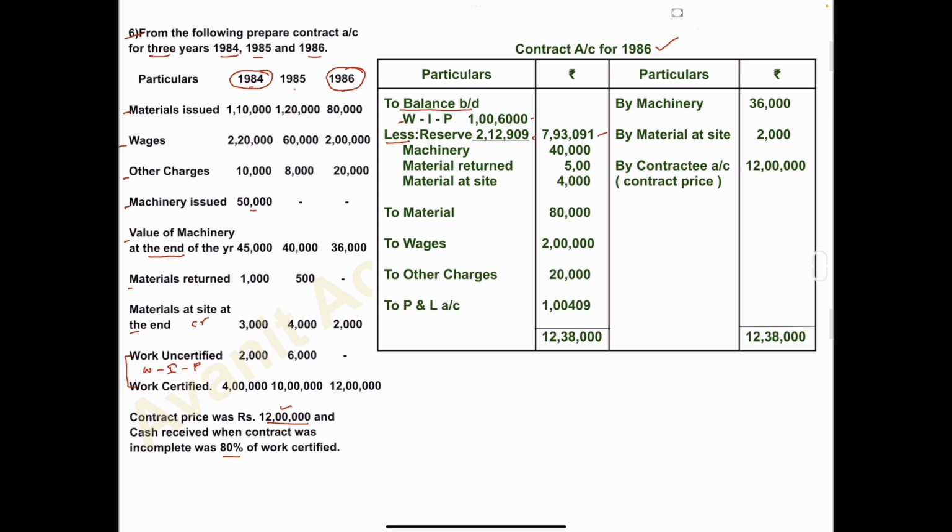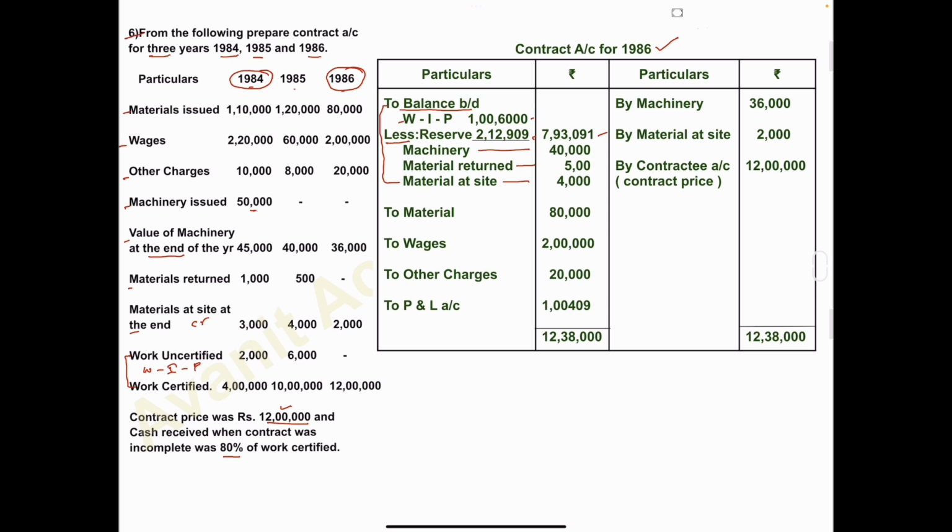Next, last year balance, machinery 40,000, material returned 500, material outside 4,000. Okay, to write all these information, we have to refer the contract account for the year 1985, the closing value of machinery, material, work in progress, etc.